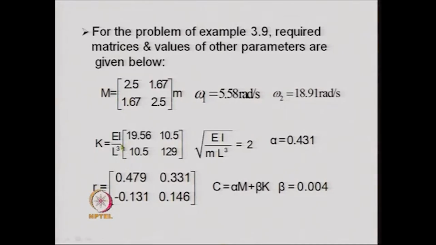With the help of the K matrix and the M matrix, the 2 frequencies of the system were obtained. They are 5.58 and 8.91 radian per second, and with the help of these 2 frequencies we obtained the values of alpha and beta to construct the C matrix, and the C matrix thus was obtained.